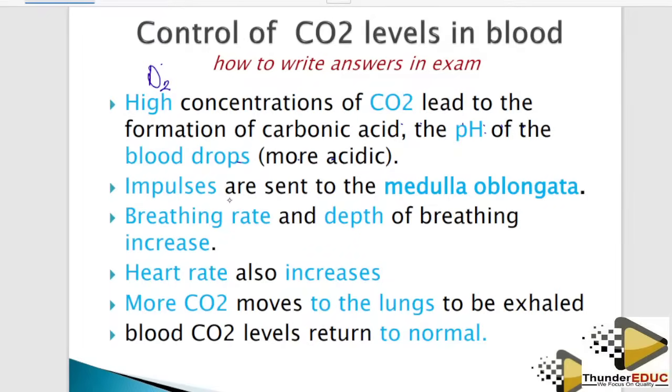You understand? And then the impulse is going to be sent to the medulla oblongata, and then the breathing rate and the depth of the breathing is going to increase. You understand? And it doesn't stop there. The heart rate also increases. And then now more carbon dioxide will be sent to the lungs through the blood.